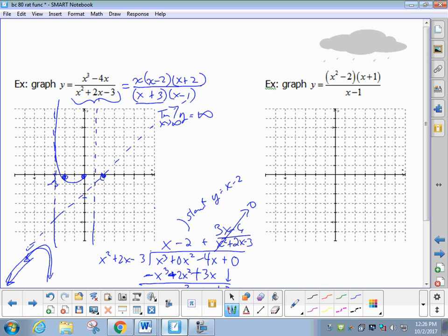Then when I drop over 0, it's not squared, so there's a sign change, and I'll be positive following that asymptote. After 1, I also see that's first power, so I'll change signs and be negative. And then after, it'll be positive.